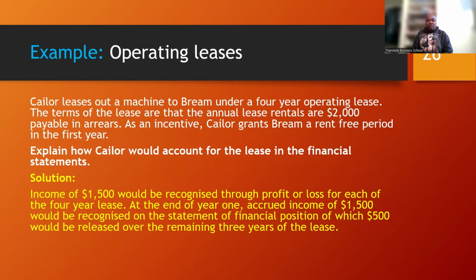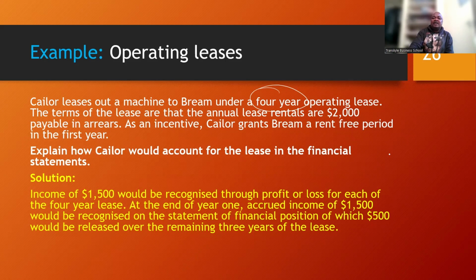Income of $1,500 would be recognized through profit or loss for each of the 4-year lease. How did this come about? Remember, we had that situation of Gogo and Ranko, right? There are 4 years here for this lease term.